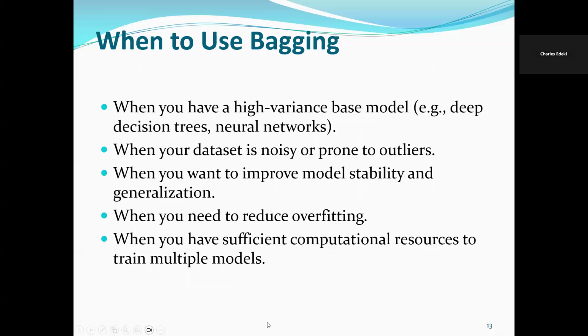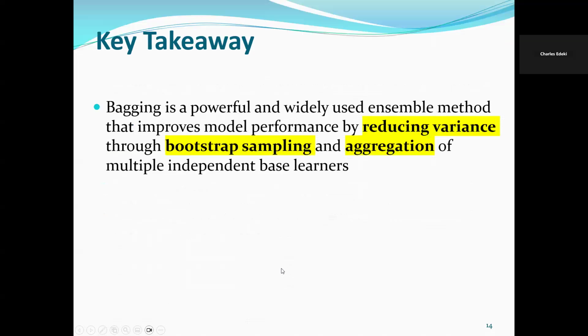Let's see if we have any question before we move on. Okay. So what are the key takeaways? We would say that bagging is a powerful and widely used ensemble method, which even leads us to random forest, the most common one that is used.